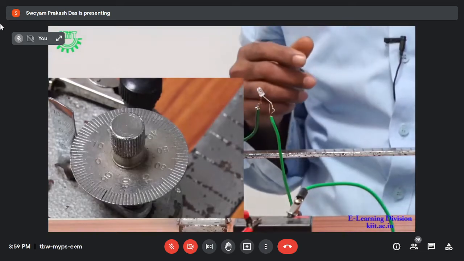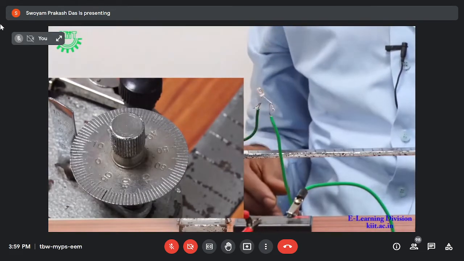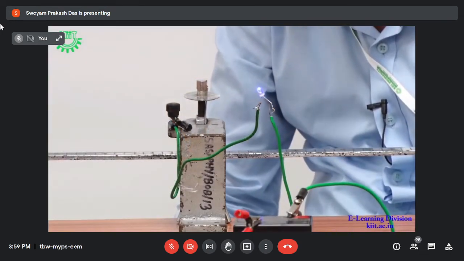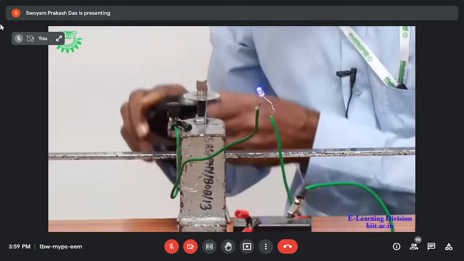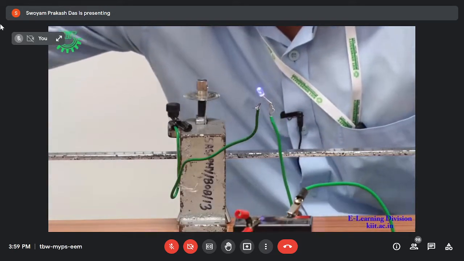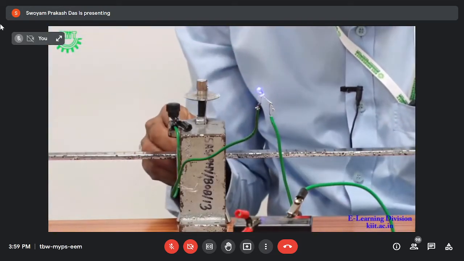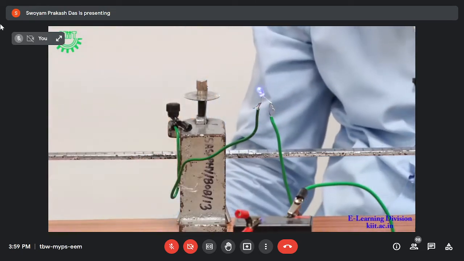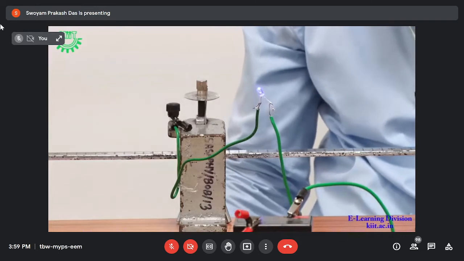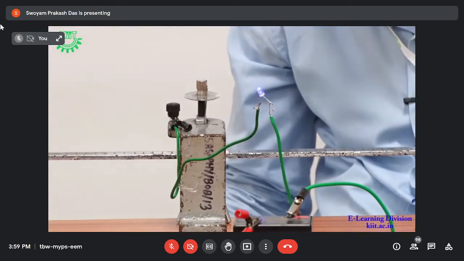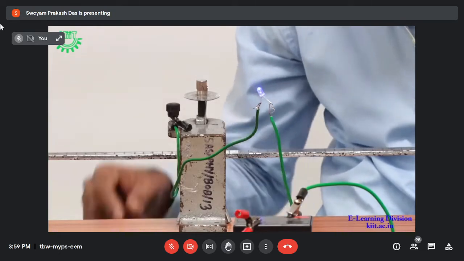And this 11 becomes the initial reading for 1000. I will remove another load now, slowly and gently. So this is the load 500 which is withdrawn. Now the bulb glows. There is a contact between the central leg and the small hanger where load is provided.